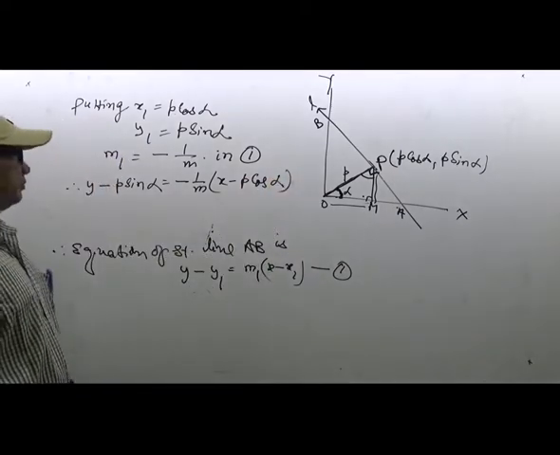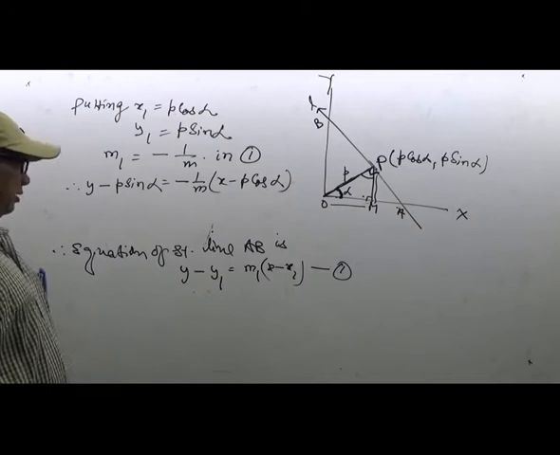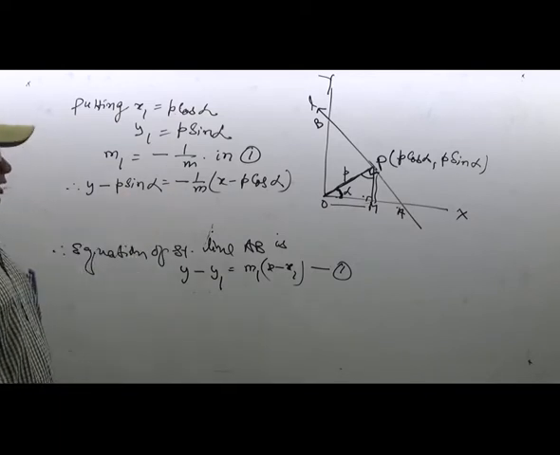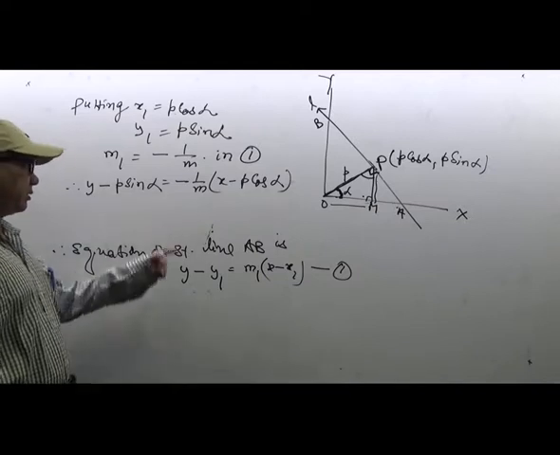x1 का वैल्यू P cos alpha और y1 का वैल्यू P sin alpha, और AB का जो स्लोप है वो -1 बटे m.